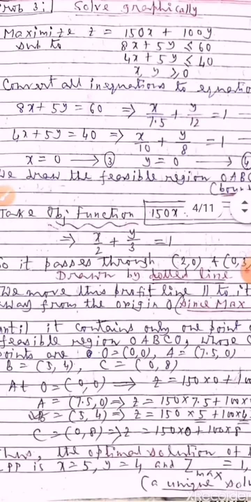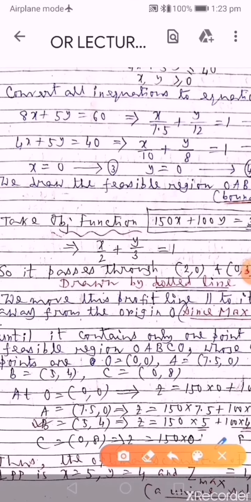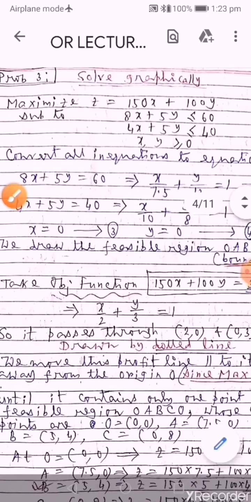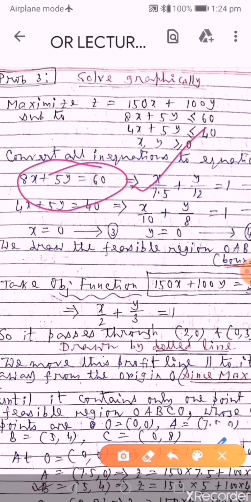Next, our target is to convert all the inequations into equations. 8x plus 5y less than equal to 60. When it will be converted to equal to, 8x plus 5y is equal to 60, which implies x by 7.5 plus y by 12 equal to 1 after dividing the equation by 60.